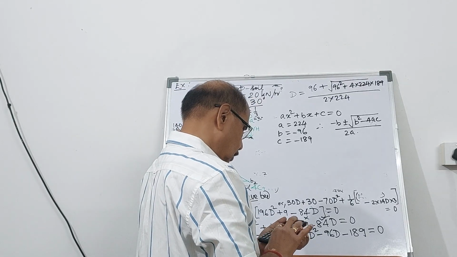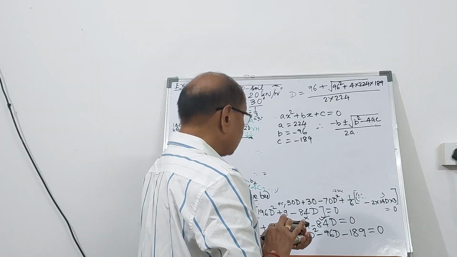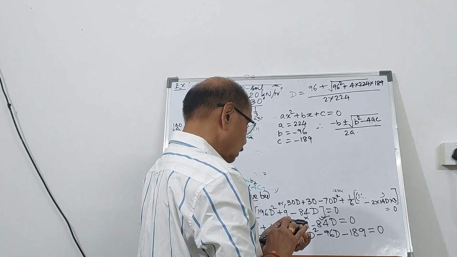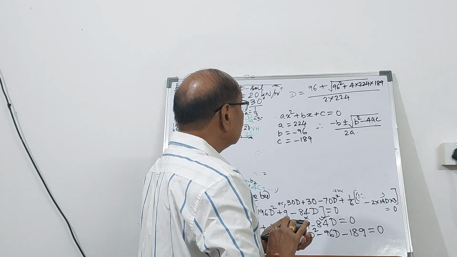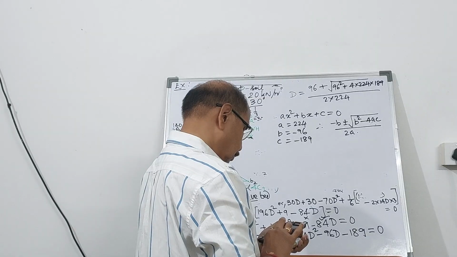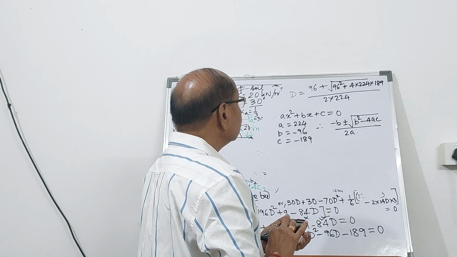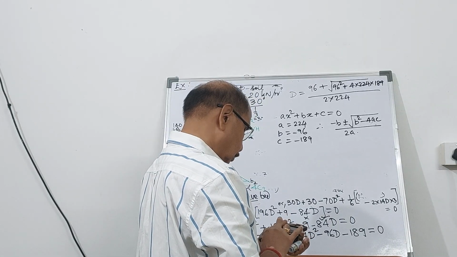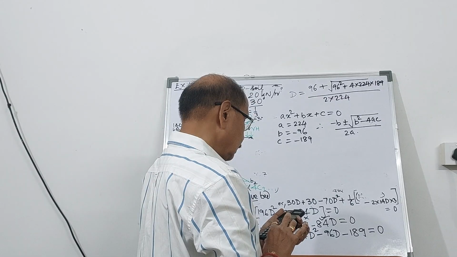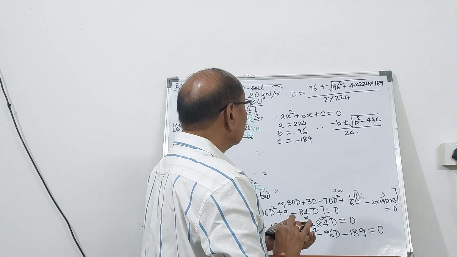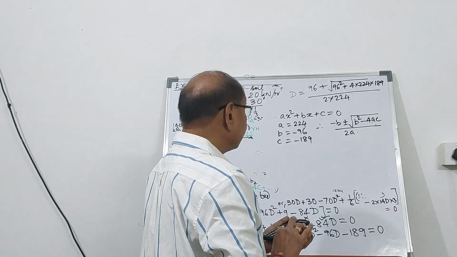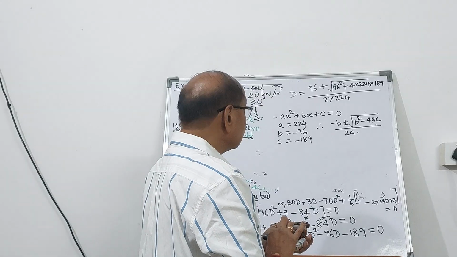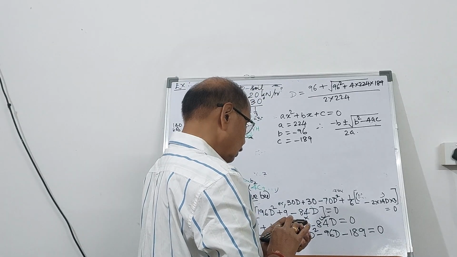96 plus under root 96 square plus 4 into 224 into 189, divided by 224.